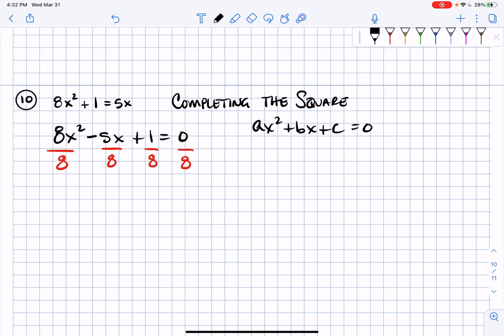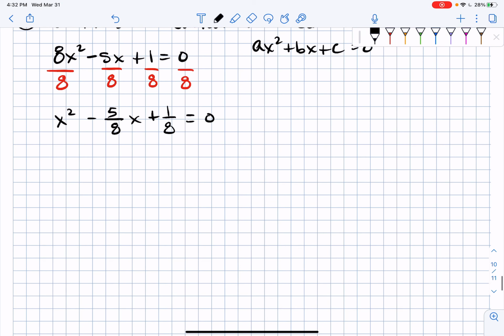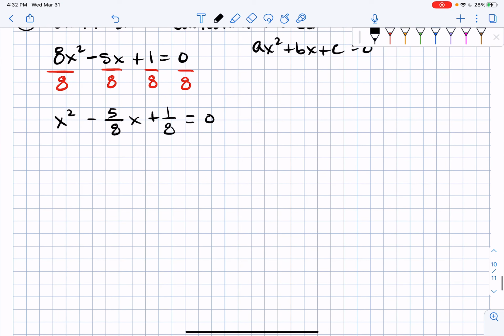All right, so that means I have x squared minus 5 over 8x plus 1 over 8 is equal to 0. So the second step is to get rid of that old c. So I got x squared minus 5 over 8x is equal to negative 1/8.